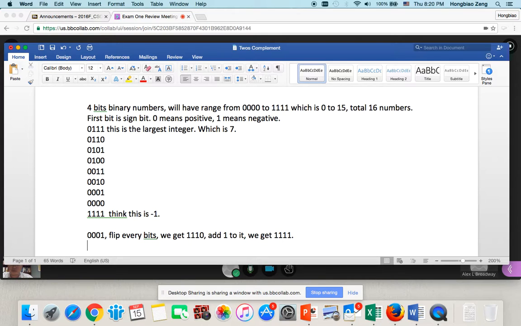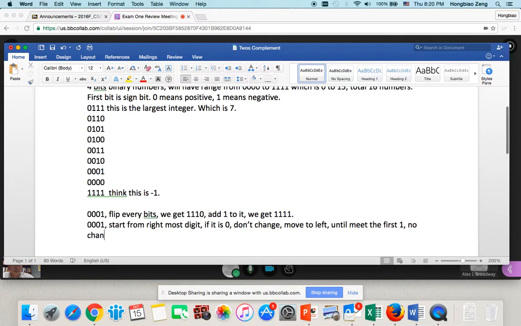Another way to get a two's complement is this. I start from the rightmost bit. If it is 0, ignore it, don't change it. Move to the left until you meet the first 1. No change to that one. After that, flip every bit.